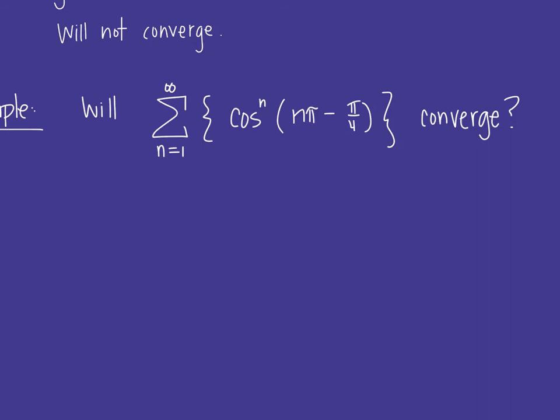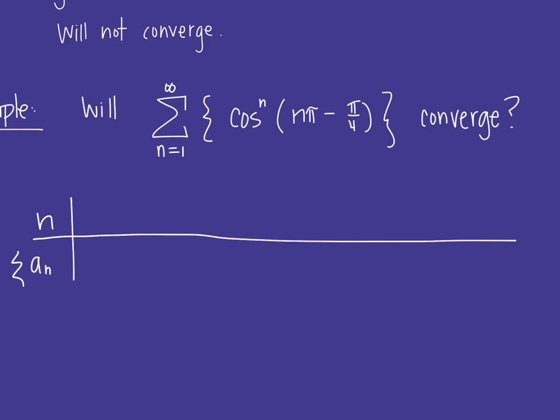Okay, so I think it might help, at least it helps me, to write this out. I just need to see what the terms are going to be. All right. When n is 1, I will be dealing with cosine to the first of pi minus pi fourths. I'll figure that out later. Okay, when n is 2, what will I be dealing with?